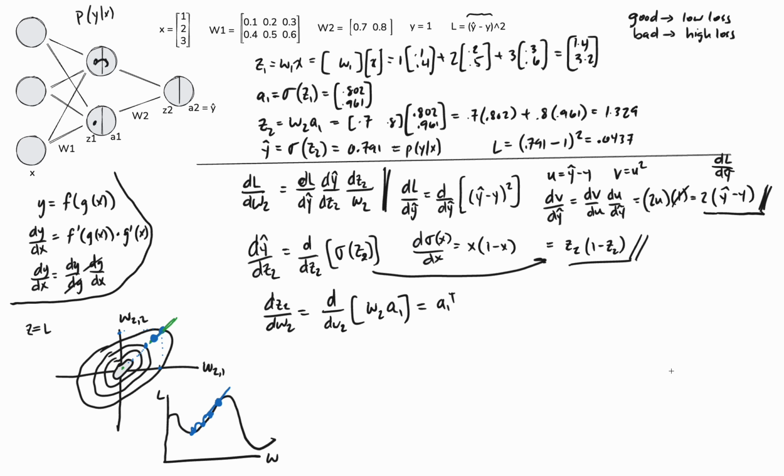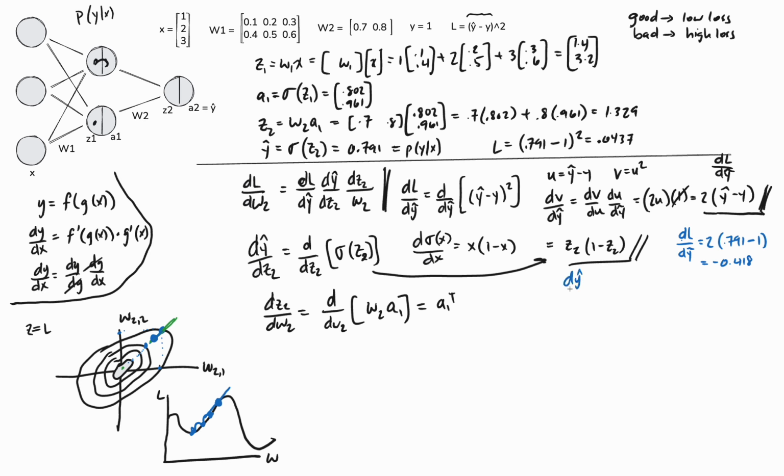So we can just compute this, right? Over here, dL d y hat equals 2 times y hat, which we had as 0.791, minus 1, which is negative 0.418. Here, we can compute this.